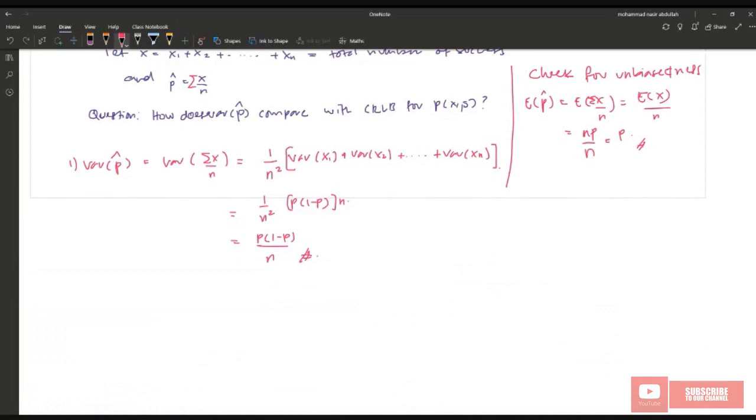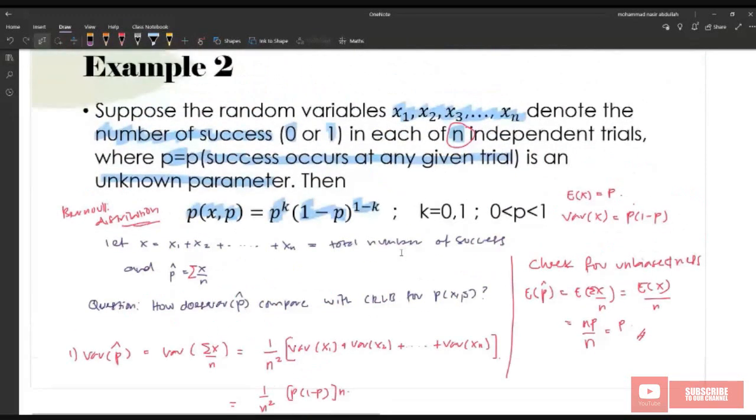Right? So now, I think the question is tricky. They give us a Bernoulli distribution. We know that from a Bernoulli distribution, the expected value of X is equal to p, and the variance of X is equal to p times 1 minus p.